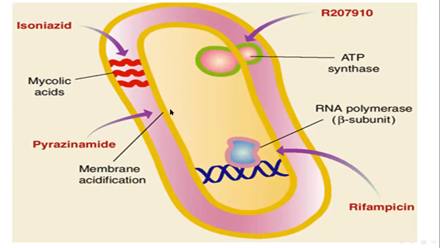Pyrazinamide acts on the cell membrane, causing acidification and changing its function. Rifampicin acts on DNA-dependent RNA polymerase, especially the beta subunit, causing destruction of DNA and RNA synthesis.